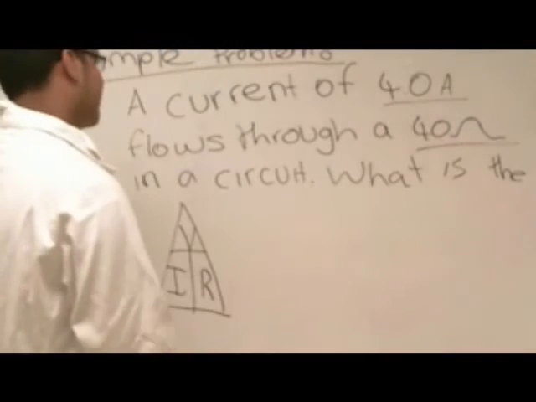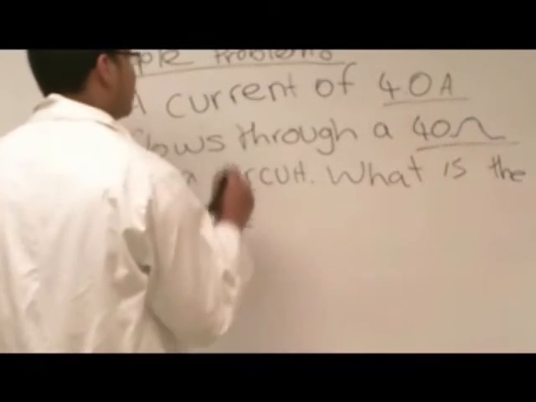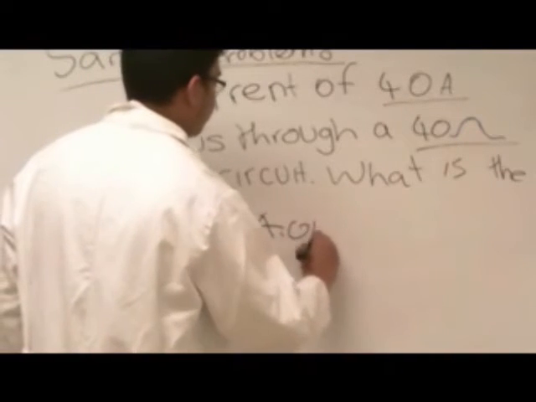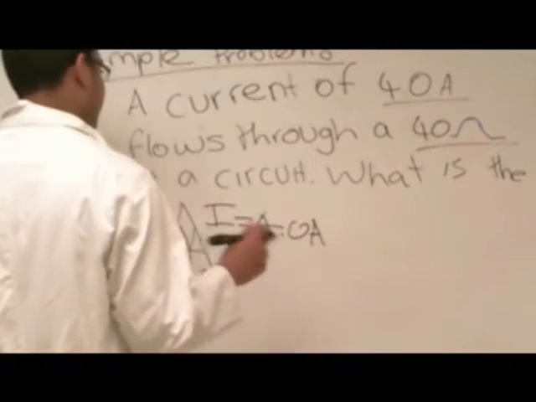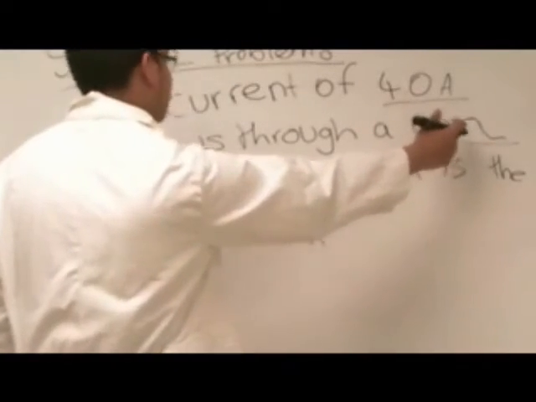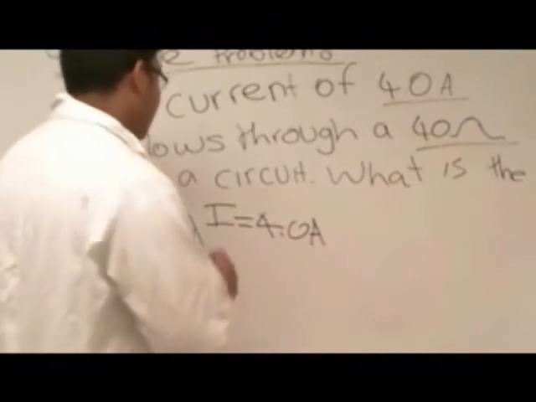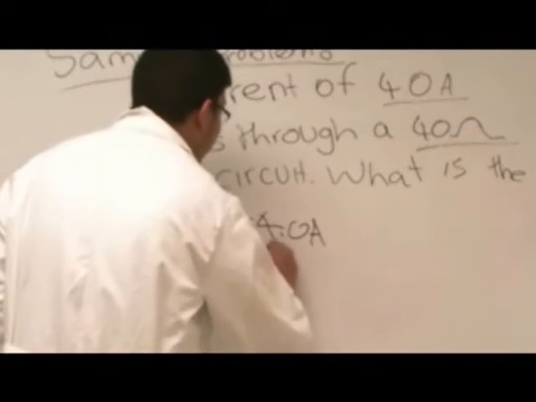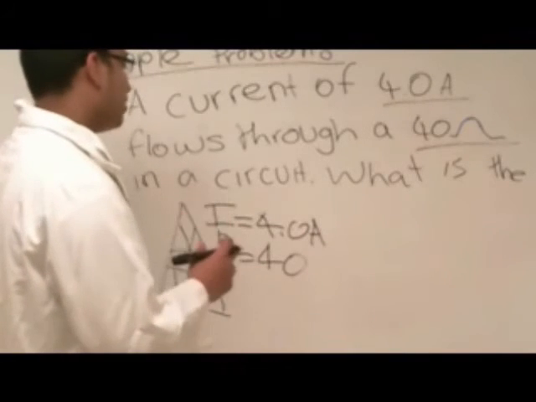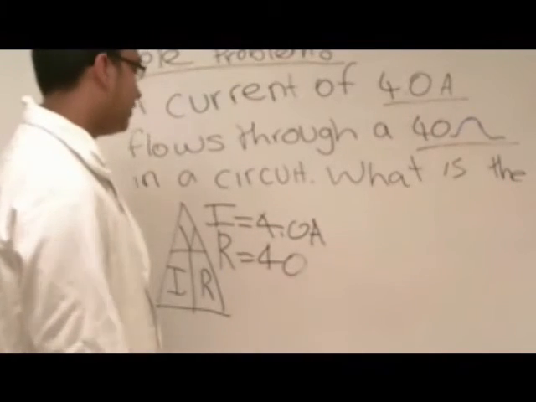So, I is current. The current in this problem is 4.0. And R is resistance. That symbol that looks like a horseshoe is actually the ohm symbol, which is also known as resistance. So the resistance is 40. Now that we know the current and the resistance, we're calculating with the formula.